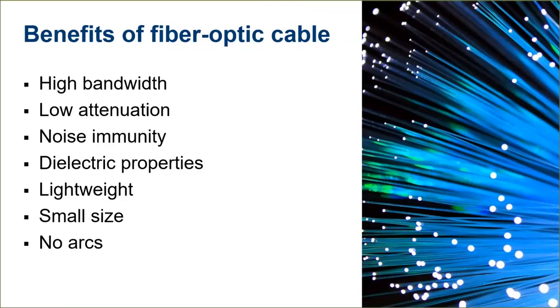Because the light travels inside the fiber optic cable, it's unaffected by electromagnetic interference, or EMI, making it ideally suited for many applications such as electrical power systems. Along with being immune to outside sources of EMI, fibers do not produce EMI themselves that might interfere with other equipment in the vicinity.